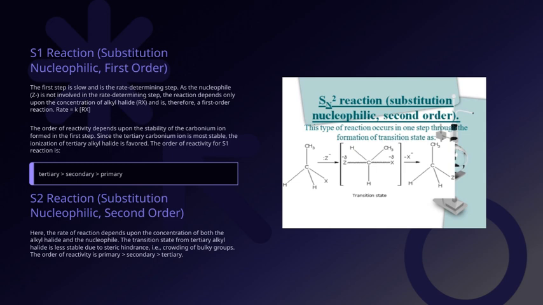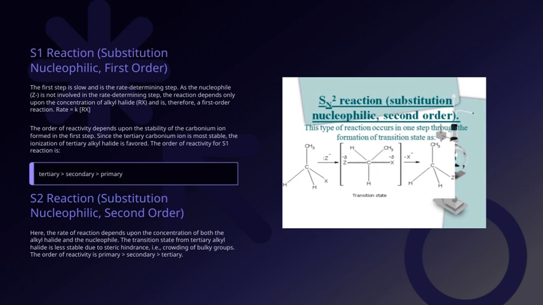This difference hinges on the stability of the carbocation intermediate formed during the process. Since the tertiary carbocation is the most stable, the ionization step in SN1 reactions is easier and thus favored. In SN1, the first step is slow and is called the rate-determining step. Because the nucleophile isn't involved in this initial step, the reaction rate depends only on how much alkyl halide we have, making it a first-order reaction.